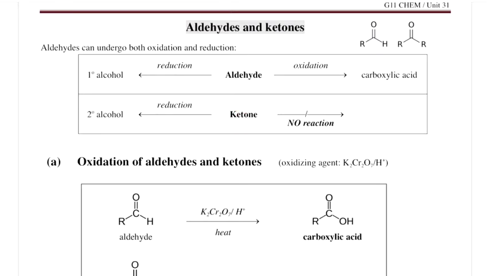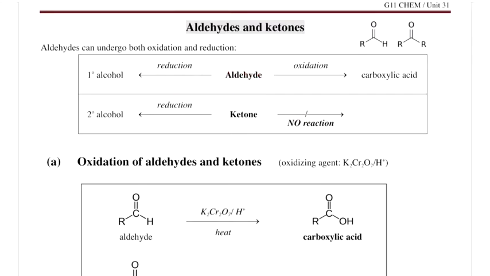First, we can do oxidation for aldehyde, and then we can turn it into carboxylic acid. And then for ketone, remember, we cannot further oxidize it, so it would have no reaction with potassium dichromate with acid. Okay, and also we can go backwards.